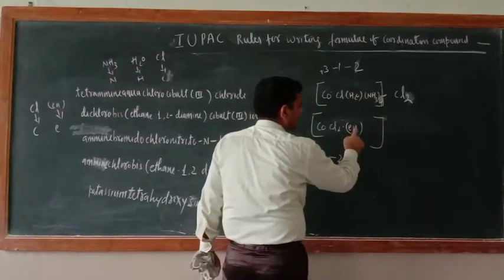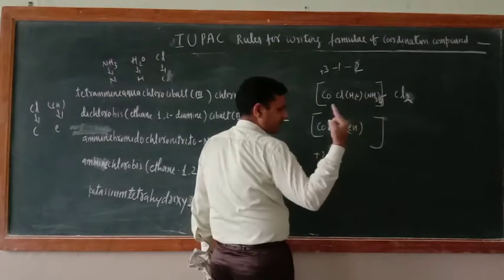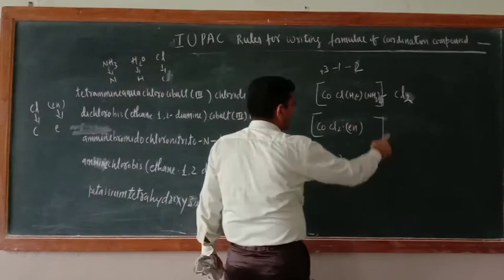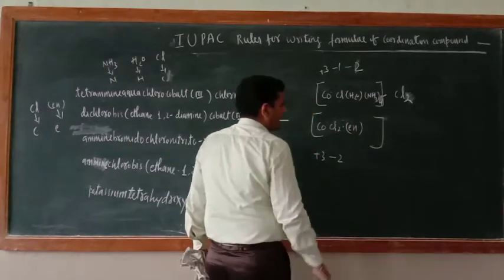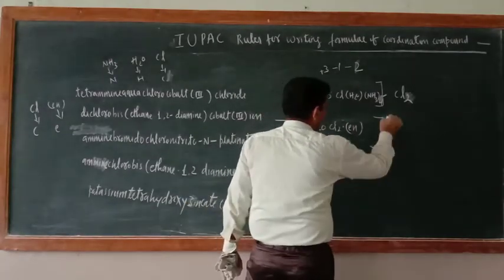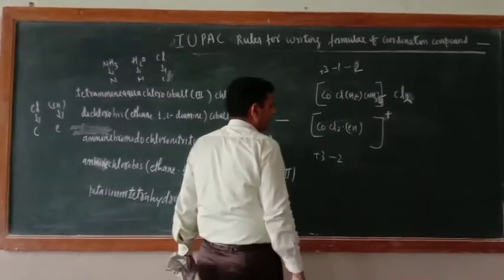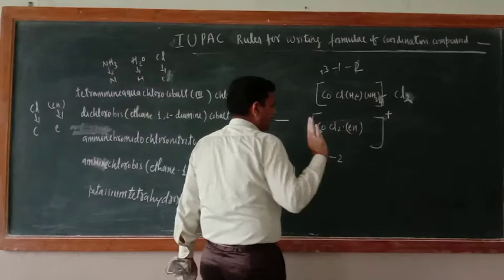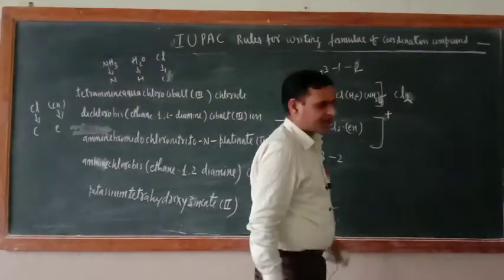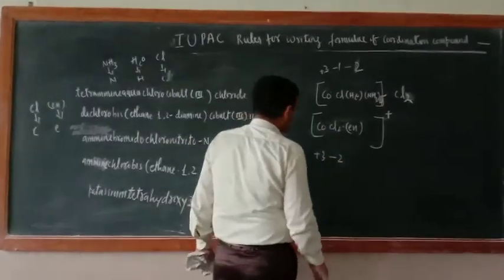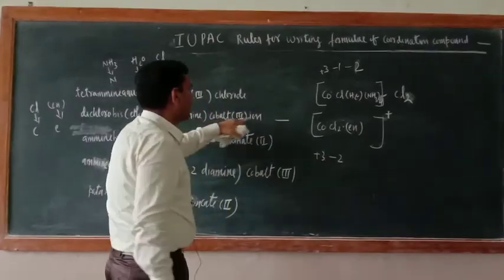Now this is a neutral ligand en, their charge is 0. So what should it be here? If we write here +1, then it is balanced. You can check. It is balanced. That is why it is a cobalt third ion.